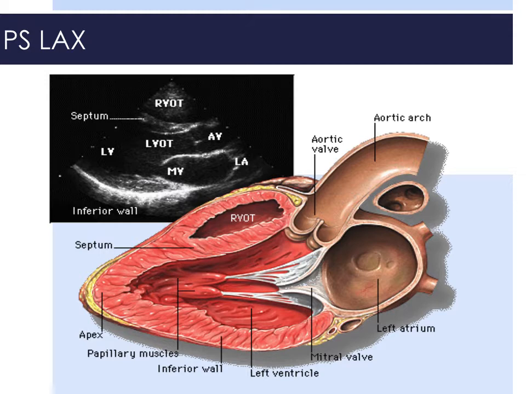The structures we are going to scan, starting from the top in a clockwise direction, are the right ventricular outflow tract. It's a small part, the outflow tract of the right ventricle. We are not able to assess the right ventricle in its maximum diameter, but it's actually a small portion of the right ventricle.